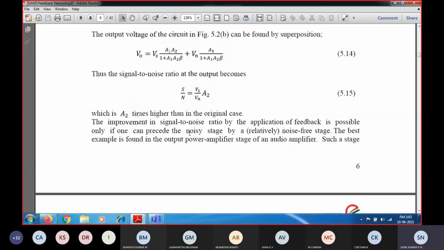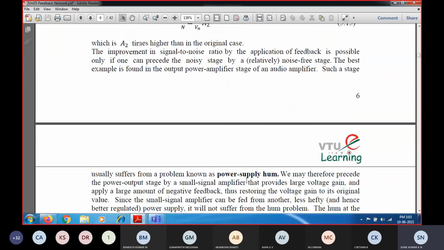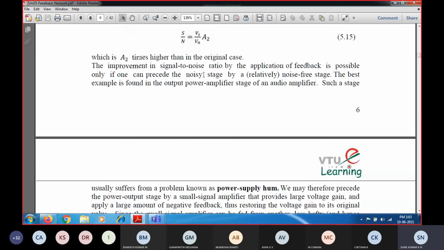If you provide this setup, then only you can show that the signal to noise ratio is going to increase. The noise stage is only the first stage, so preceding the noise stage we are going to have an amplifier A2, so that you are going to get the gain.